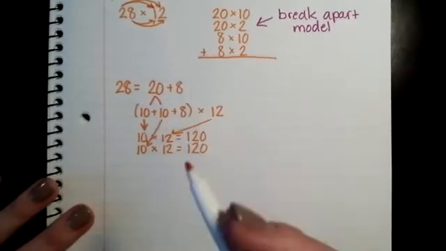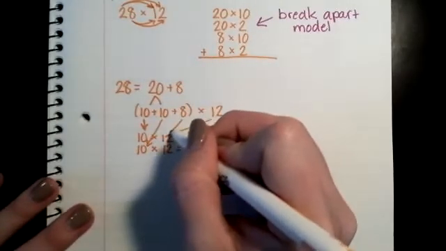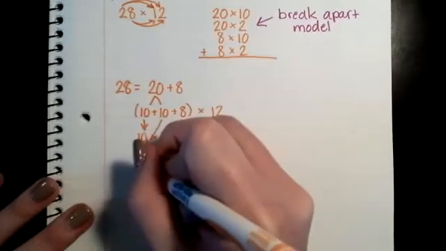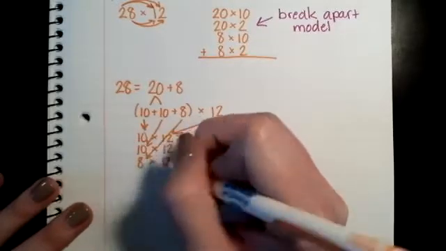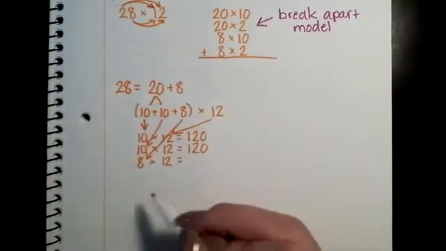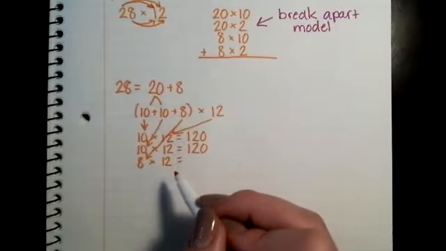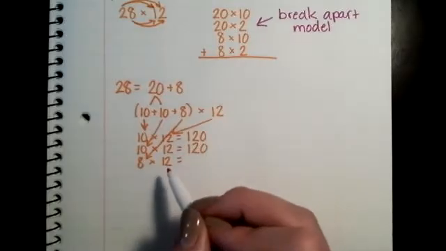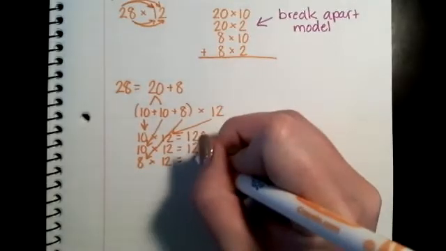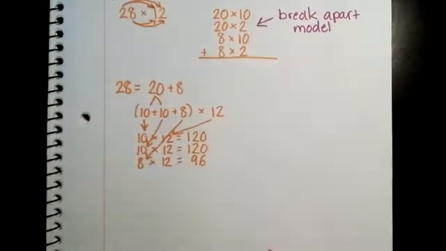And then I have this 8, so I can do 8 times 12, okay? I'm going to have lines going through all my problems here. Now 8 times 12, that's a fact I already know. I don't even have to worry about my place value there. I know 8 times 12 is 96, right?